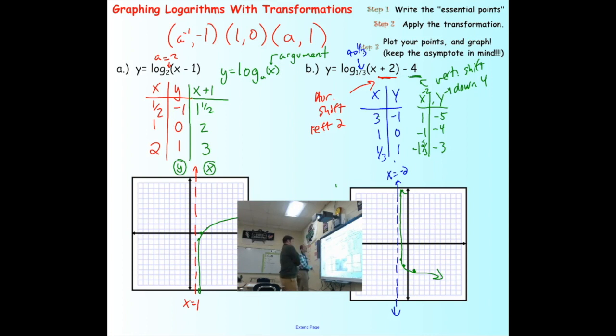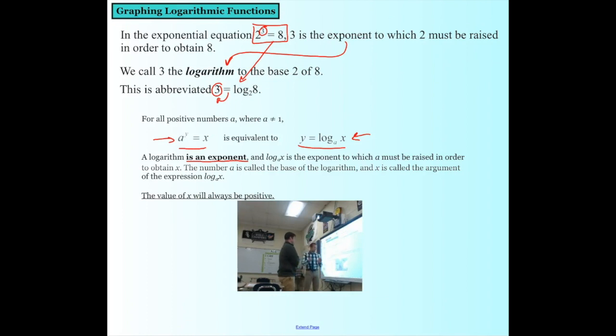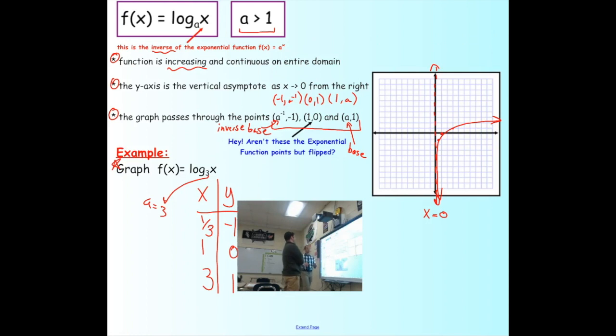Let's review really quick. We just found out that the log is the inverse of exponential form. Remember, the log is always an exponent. The log equals the exponent of your exponential form. So we take our exponential parent points and flip them around. Domain and range switch. That's what inverses do.